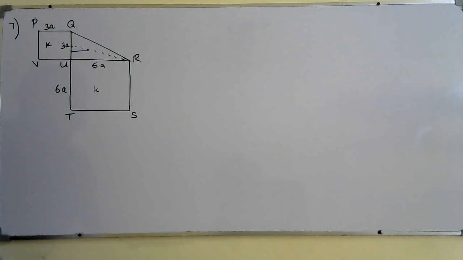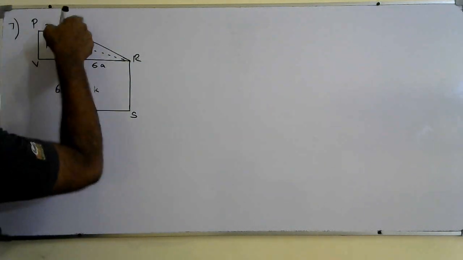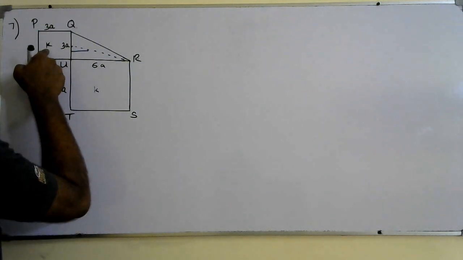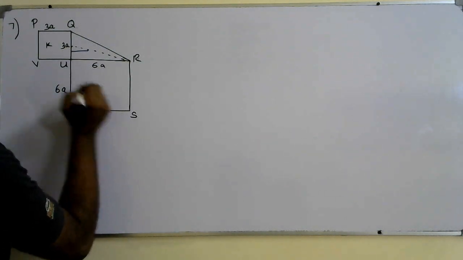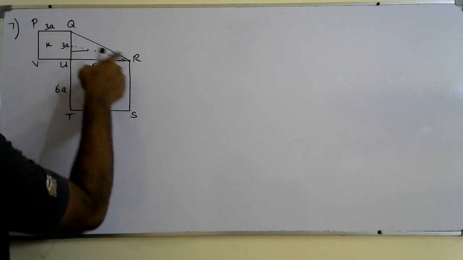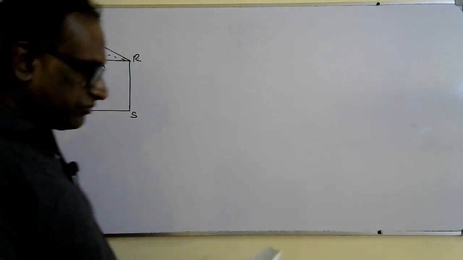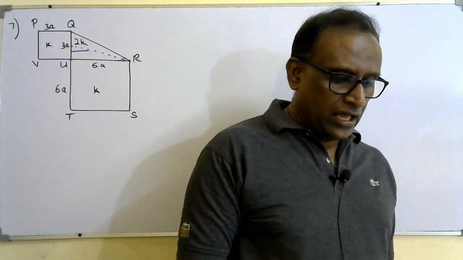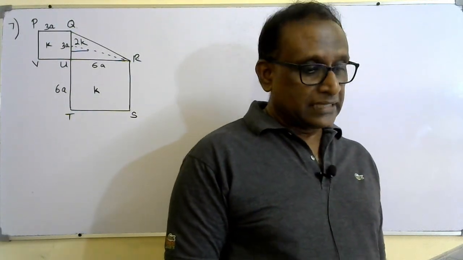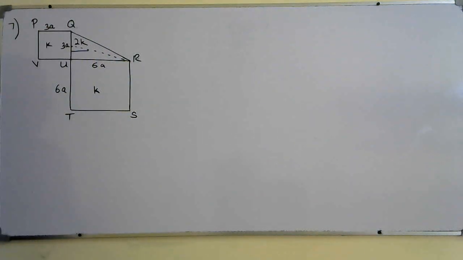Okay, so in the question, they are giving the mass per unit area of PQUV as K, the mass per unit area of this square is also K, but the mass per unit area of the triangle is 2K. So we need to find the center of mass of this lamina from the line QT. We'll use sigma mi xi over sigma mi.